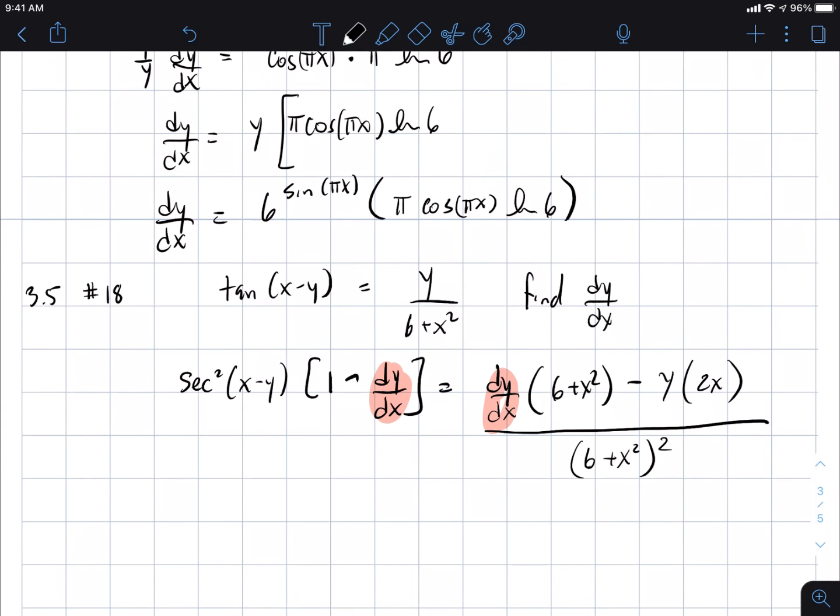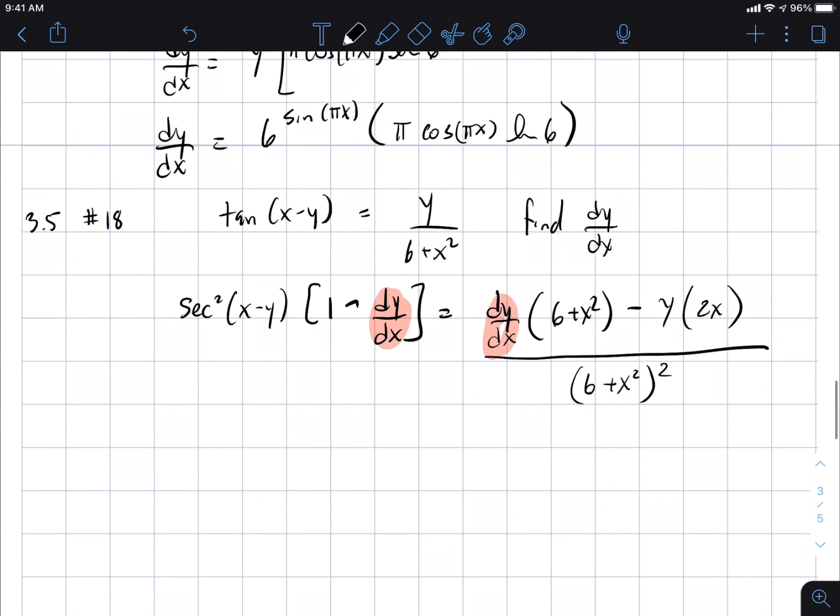Now the goal is to get this guy together with this guy, right? So that's going to take some maneuvering. So I'm going to try and clean this up. So I'm going to get secant squared of x minus y times 1 minus dy dx is equal to, I'm going to separate this thing over here.